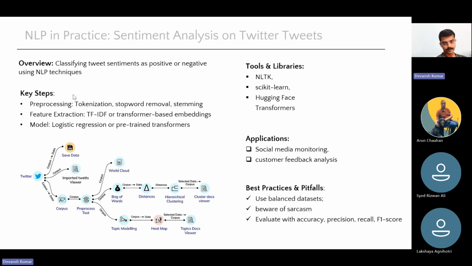For that, we have taken a data set which includes 1.6 million tweets, where we will be feeding these tweets into a model, which is basically logistic regression. We have started simple. After we train this model, it will be able to categorize negative and positive tweets. It will be able to capture the sentiment from the tweet.